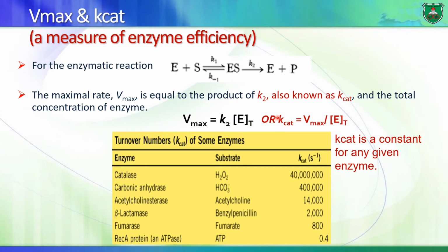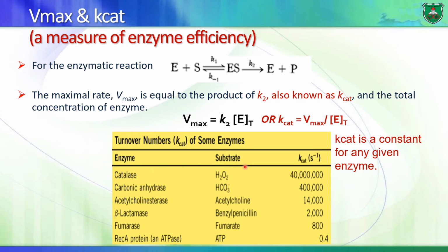Now, or Kcat would be equal to Vmax divided by the concentration of an enzyme. Okay. Now, so Kcat is a constant given for any given substrate. So Kcat gives us something about the efficiency of the enzyme, how good the enzyme is in converting ES to E plus P.